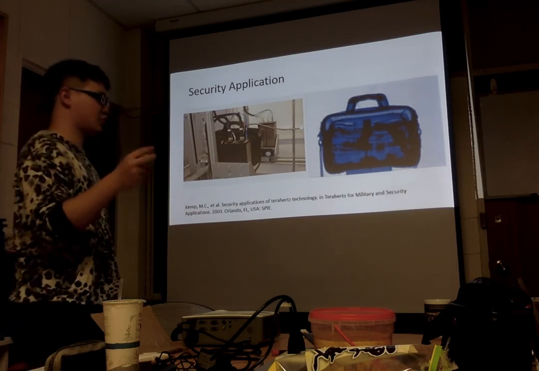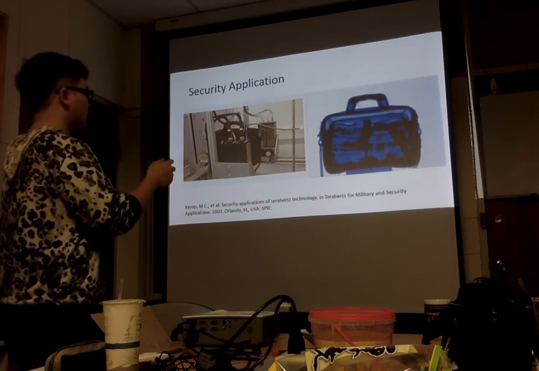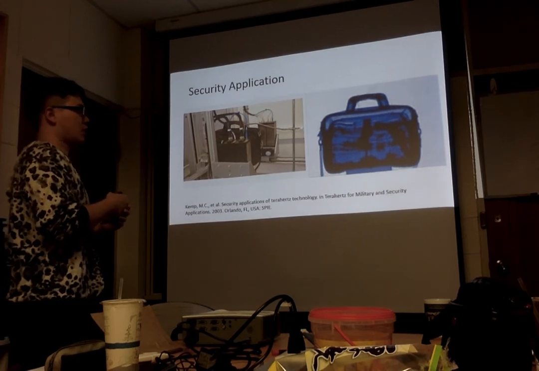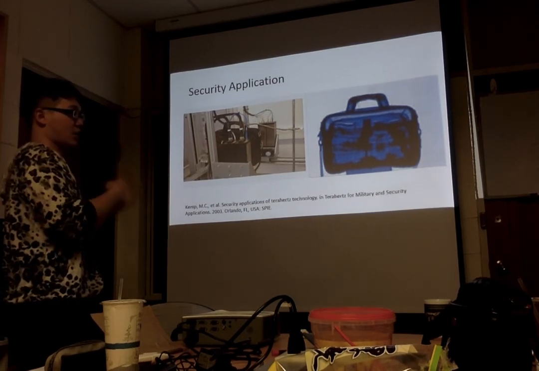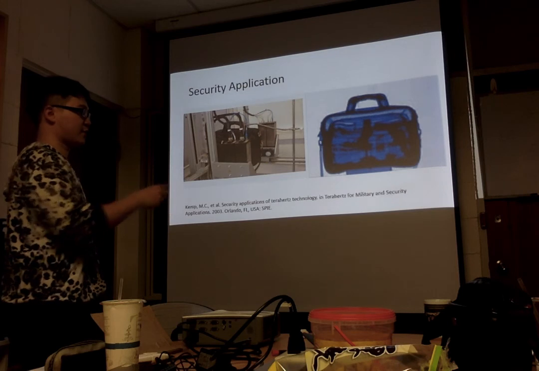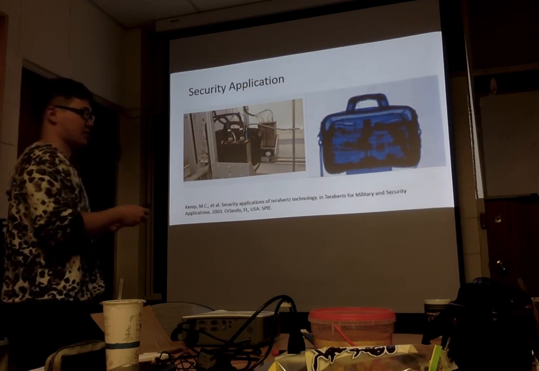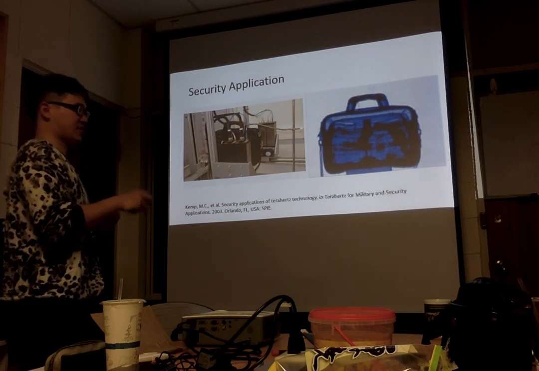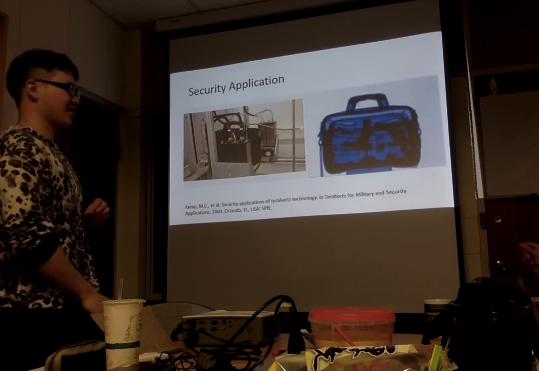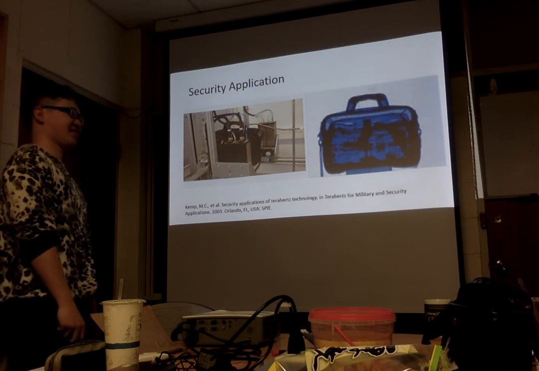And someone has demonstrated that liquids of different alcohol percentages have different reactions in terahertz. So I think this is useful. Okay, but the alcohol should be very thin, right? Yeah, otherwise it will get absorbed.